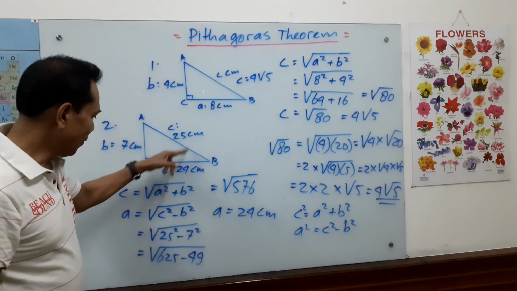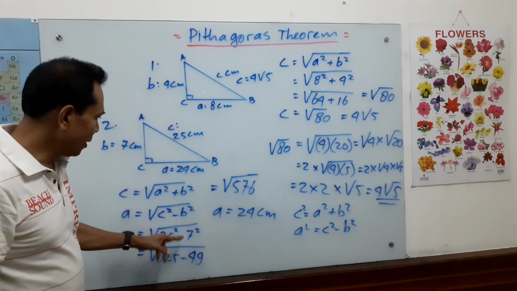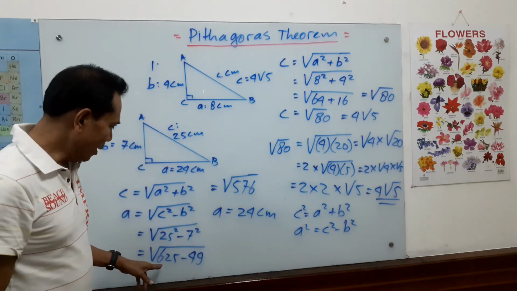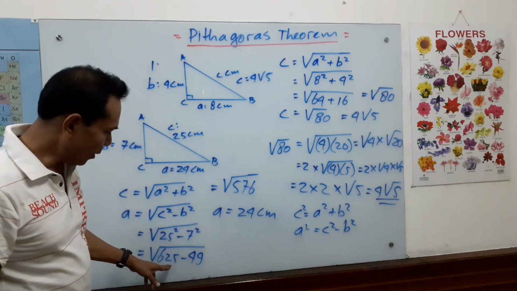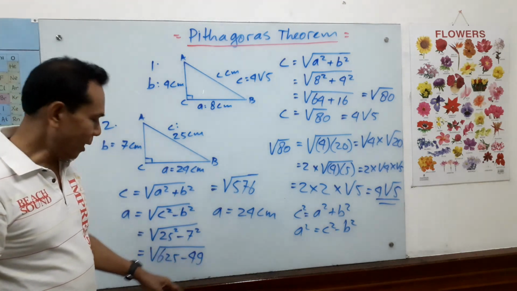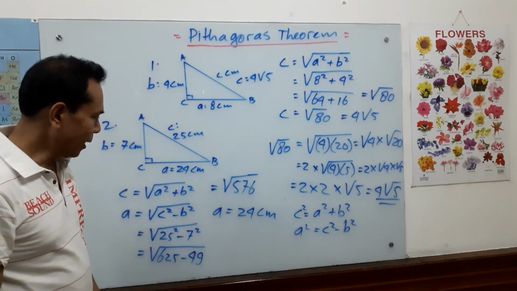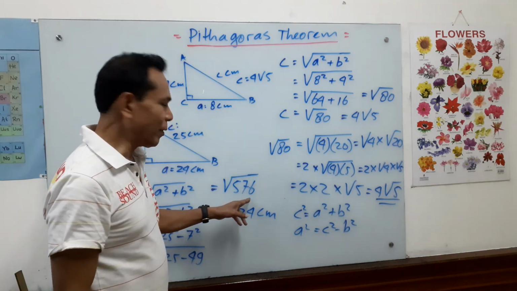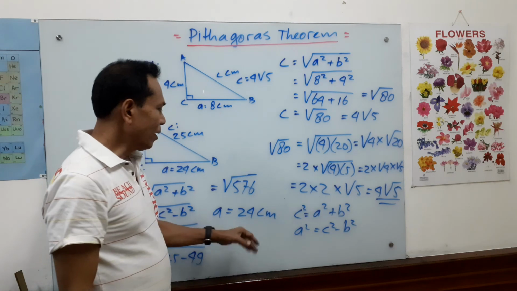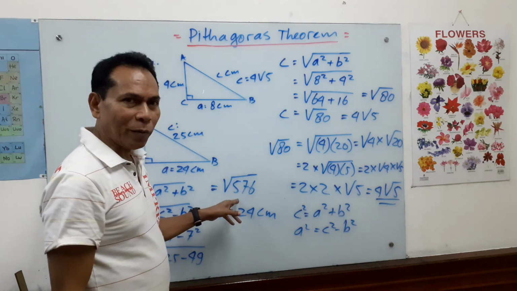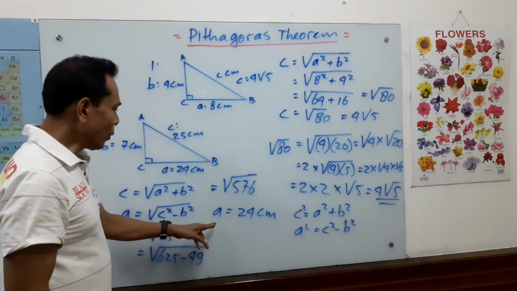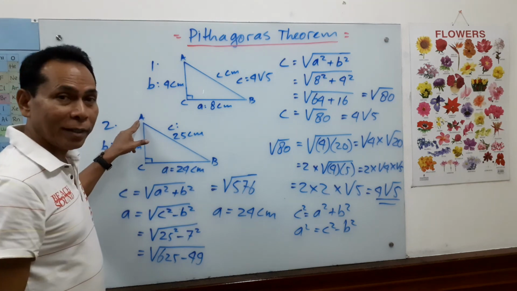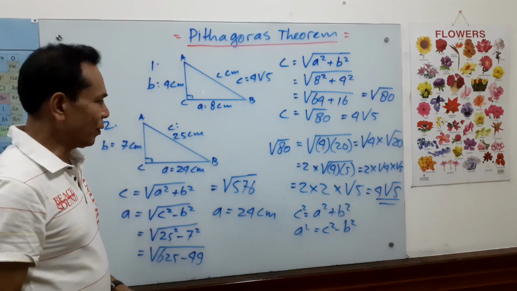Since we have C, 25 here, 25 square minus 7 here, 7 square. So, 25 square, we have 625, and 7 square, we have 49. So 625 minus 49, we get 576. Square root 576 is 24. So it's perfect square. We got 24. So the value of A here, this side, BC, which we name after this angle A, is 24 centimeters.